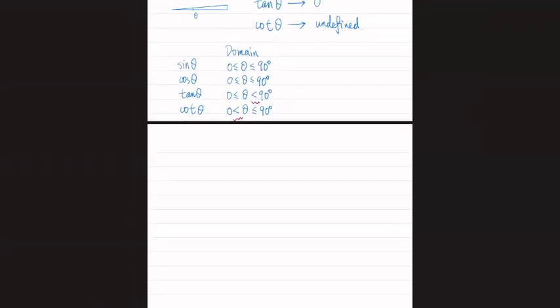So using right triangles, we defined the trigonometric functions for angles between 0 and 90 degrees. If we want to go over 90 degrees, we cannot use right triangles.